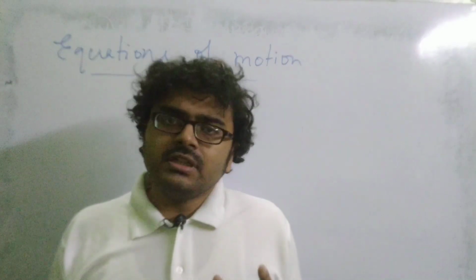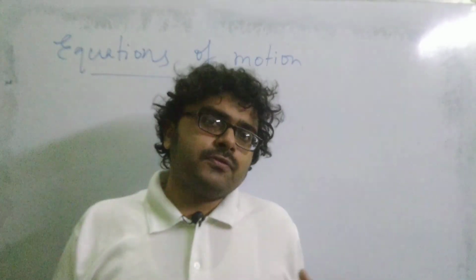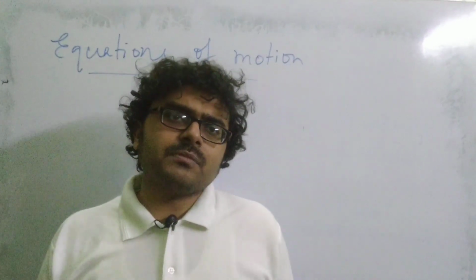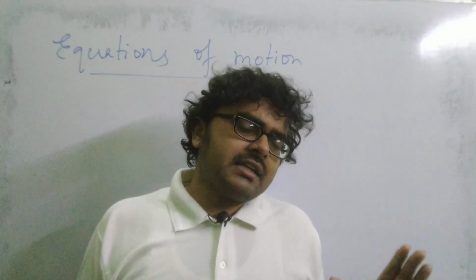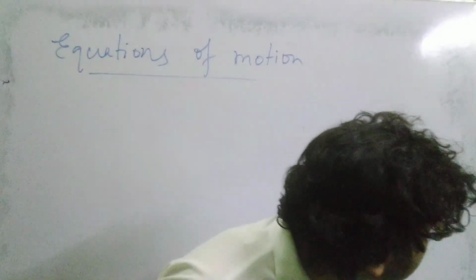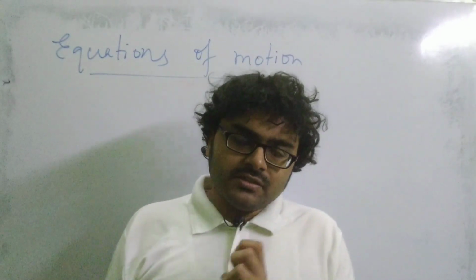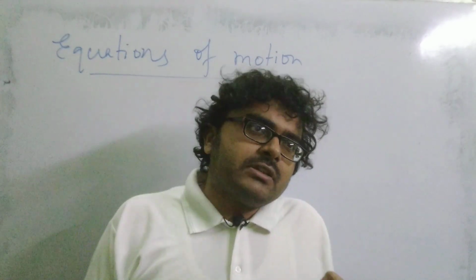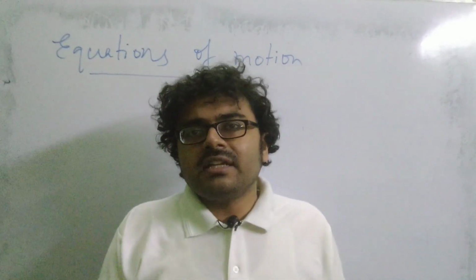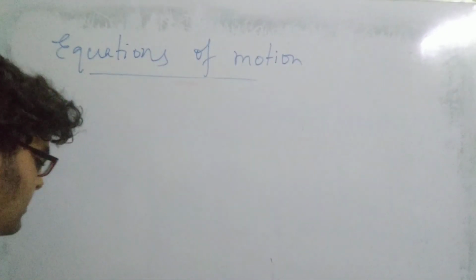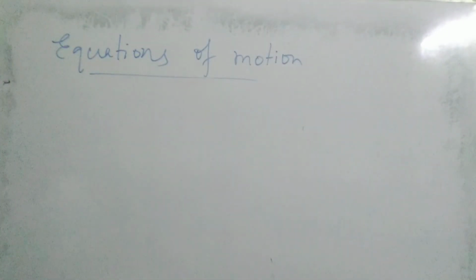Now when we apply some kind of force, which we will discuss in the next chapter, that causes an increase in the velocity of the body, and the final velocity is v. For this it requires a time t, and the acceleration is a. So how can we derive this equation?